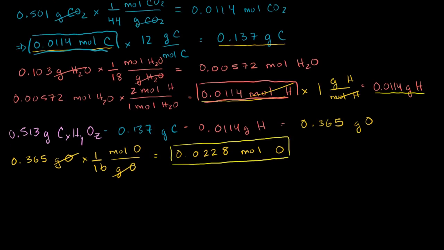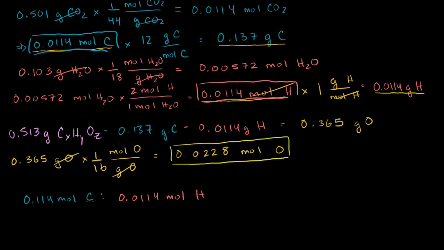So the ratio, and I'll write the ratio like this, let me do it in the same colors. We have 0.0114 moles of carbon to 0.0114 moles of hydrogen. These look nice. They're actually the same number.